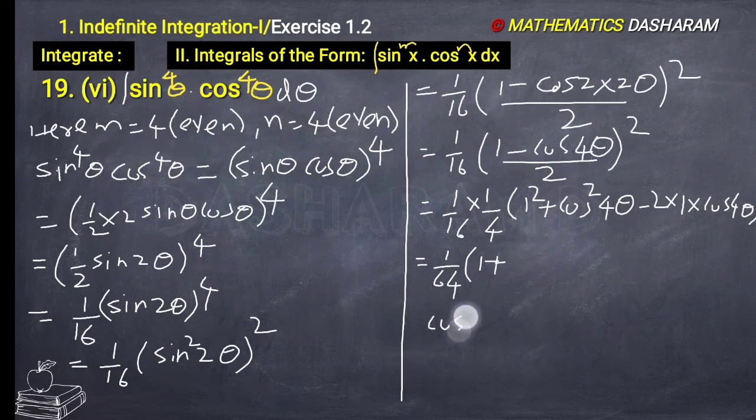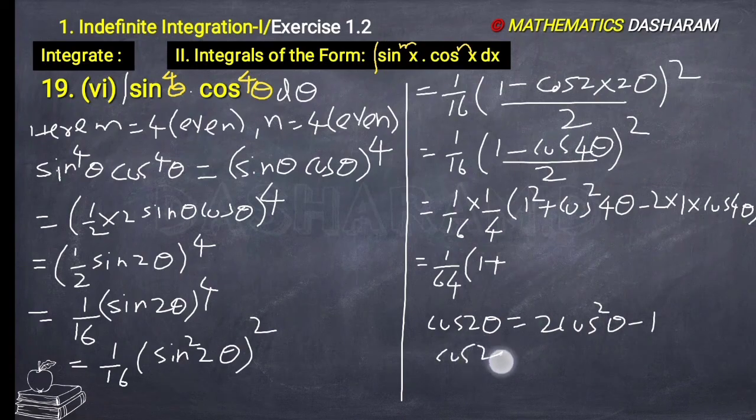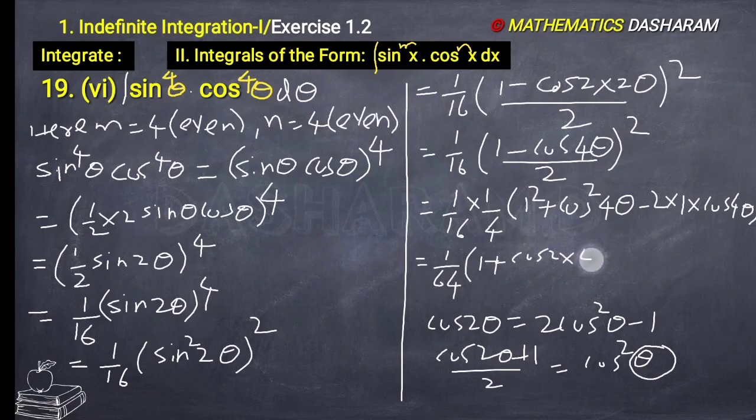See, here we have one more formula for cos 2 theta, that is 2 cos square theta minus 1. From this, cos 2 theta plus 1 divided by 2 equals cos square theta. But here, in place of theta we have 4 theta. Okay, so then cos 2 into 4 theta plus 1 divided by 2 minus 2 into 1, 2 cos 4 theta.